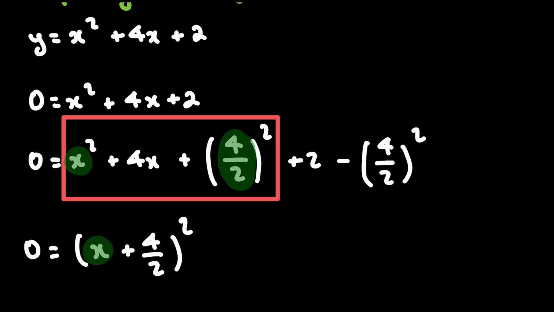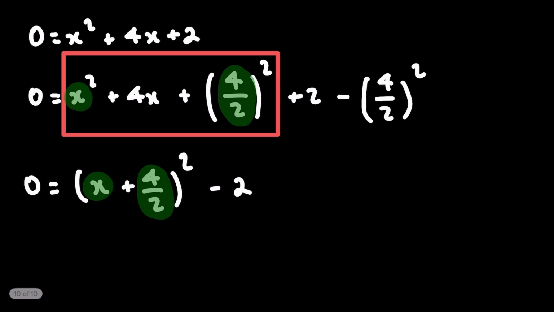You can always factorize it based on it being a perfect square. Now I copy down the rest: the plus 2, and the expansion of this. 4 over 2 is just 2, and squared that is 4, so minus 4, which simplifies to minus 2.